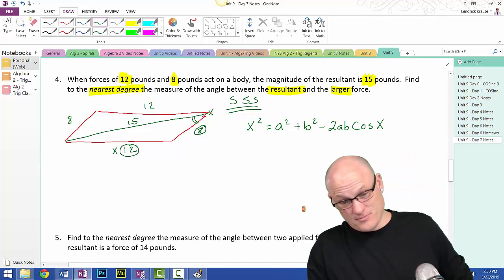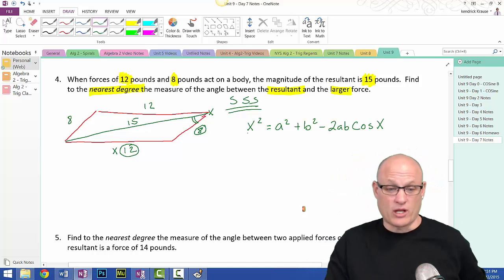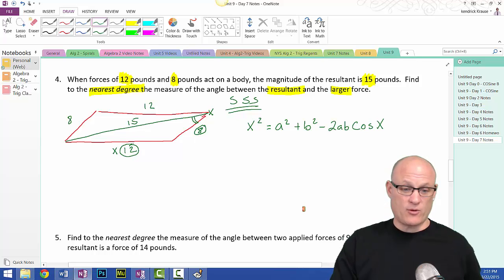You want to use C and C? I don't really care. It doesn't matter. I don't have the thing labeled that well anyway. What I want to do is know what sides I'm using and what angle. I'm going to use these two, and they should be on the outsides.